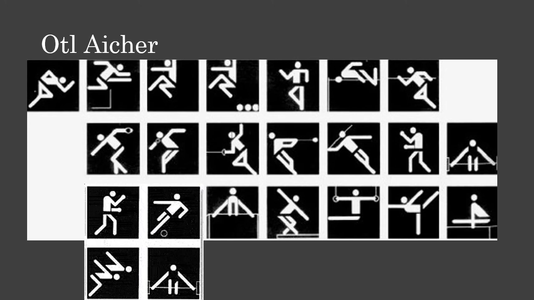However, Aicher in the Munich Olympics was really the first designer and design team to devise a universal symbol grid system.